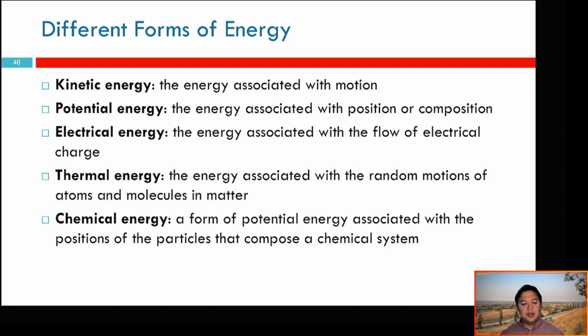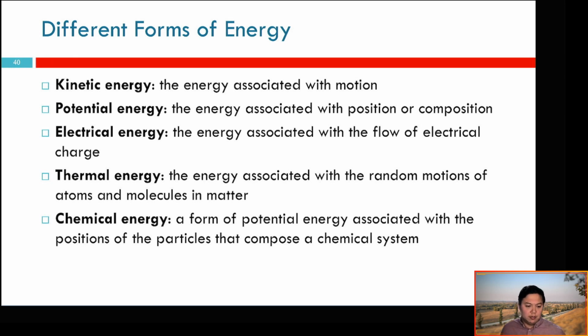Kinetic energy, right, that's the energy associated with motion. Potential energy is the energy associated with position or composition. So my water bottle here, my invisible water bottle, or a coffee mug, when it's higher up has more potential energy than when it's lower. We're familiar with electrical energy, which is the energy associated with the flow of electrical charge. Thermal energy, the energy associated with the random motions of atoms and molecules in matter.